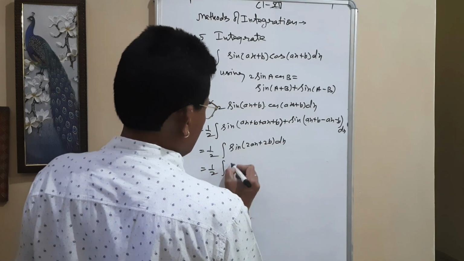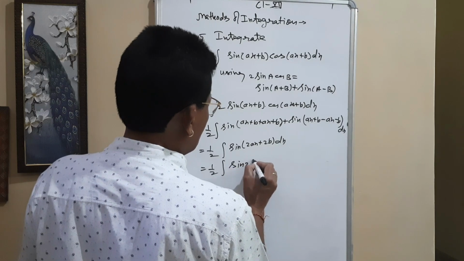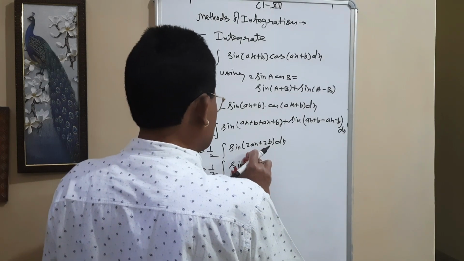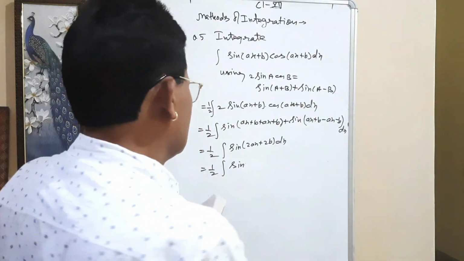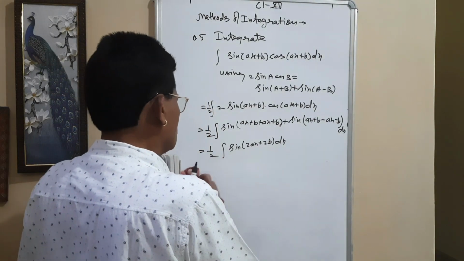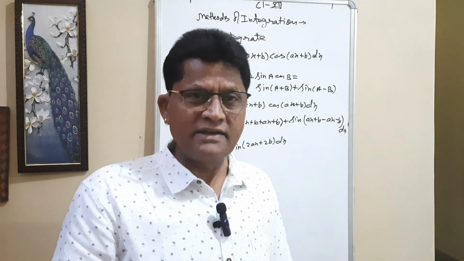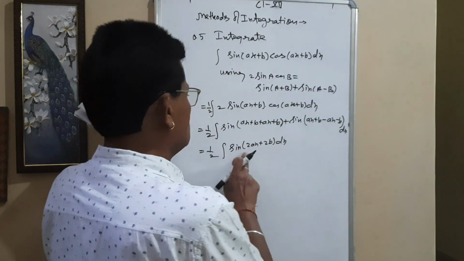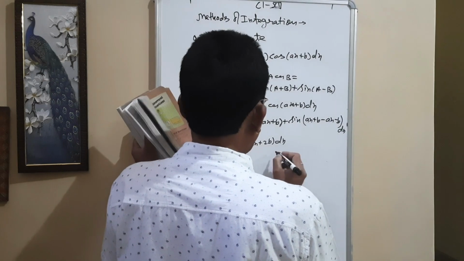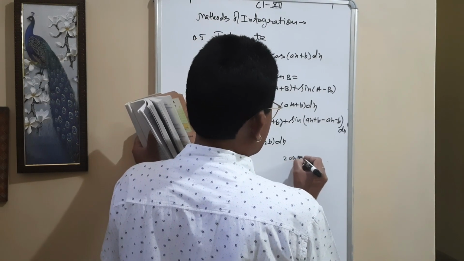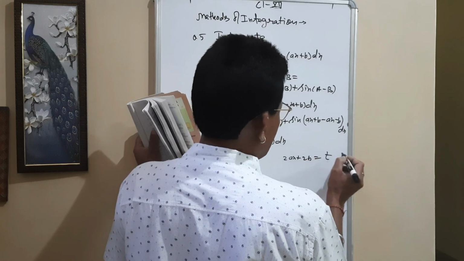My dear student, you see sin 2ax, or you can write it, later on you can take it common. Its integration you will have to find out, the integration of sin x. But before taking the integration, you will have to put 2ax plus 2b equal to t.